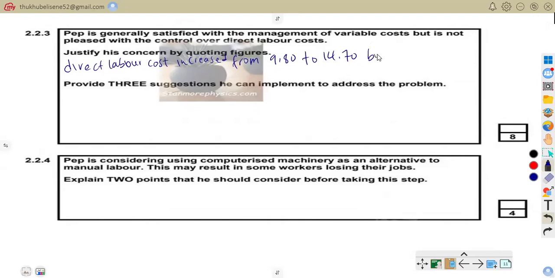So it means it has increased by R490. So that is that.